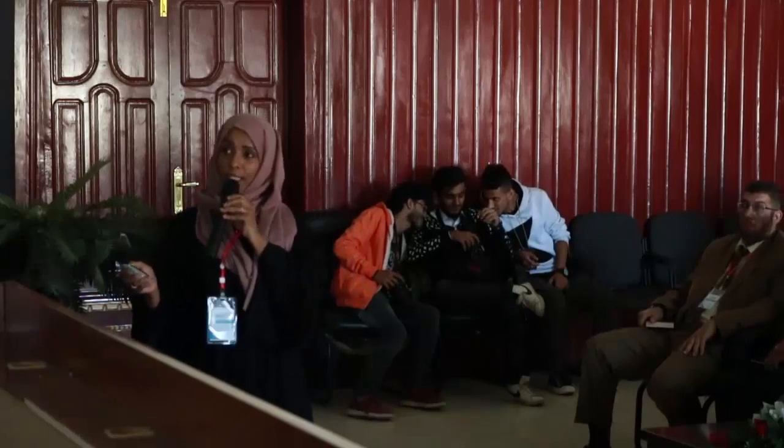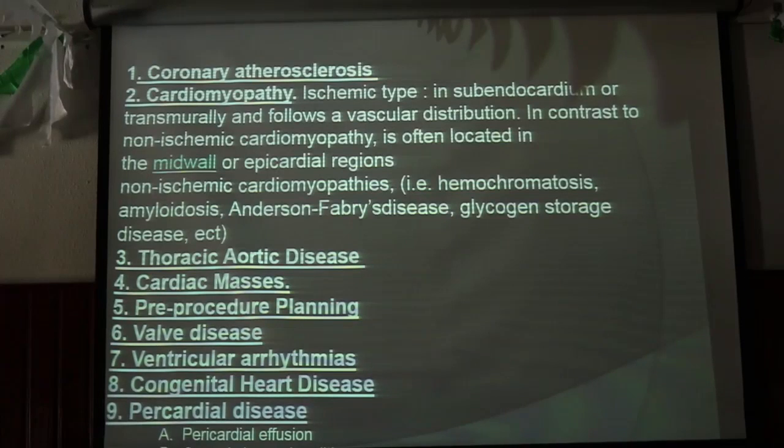In cases of thoracic aortic disease, usually we use either CT angio or MR angio. When to use MR angio?